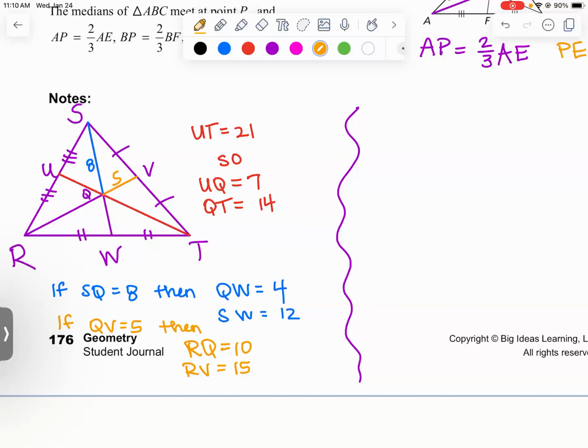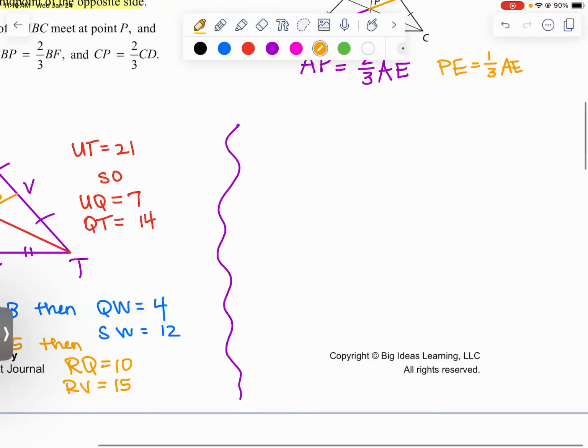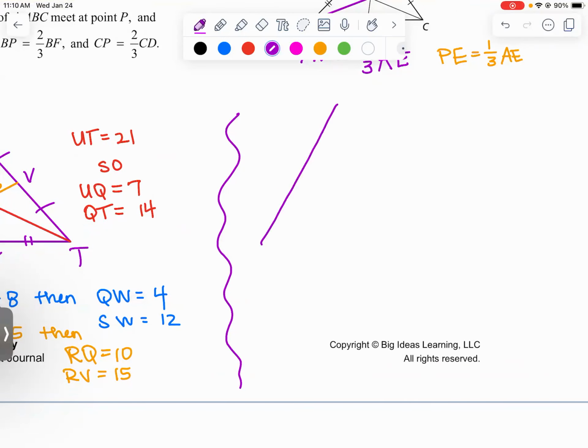All right, we're going to draw a second picture. We're going to do some algebra. I know you love algebra. We're going to name this one Stew.